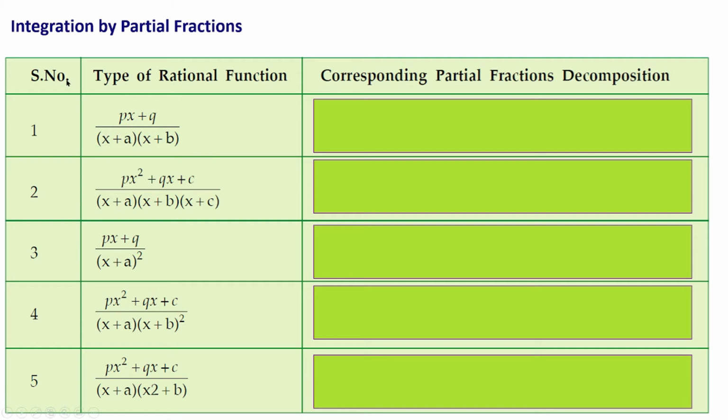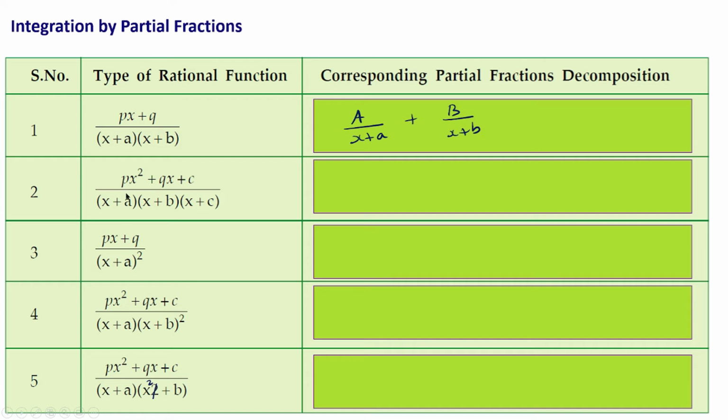Now moving on to the partial fraction decomposition that has to be made for different types of rational functions. The first one: if the rational function is of the form px plus q upon (x plus a) into (x plus b), then the corresponding partial fraction decomposition is A by x plus a plus B by x plus b.